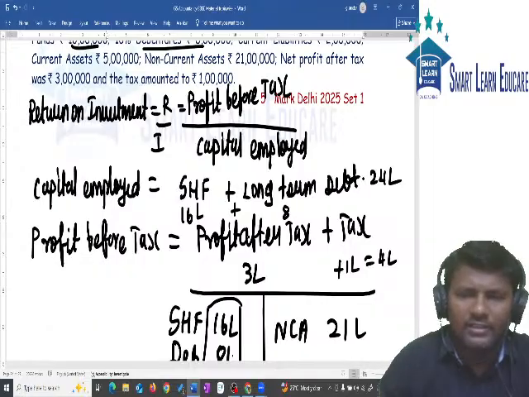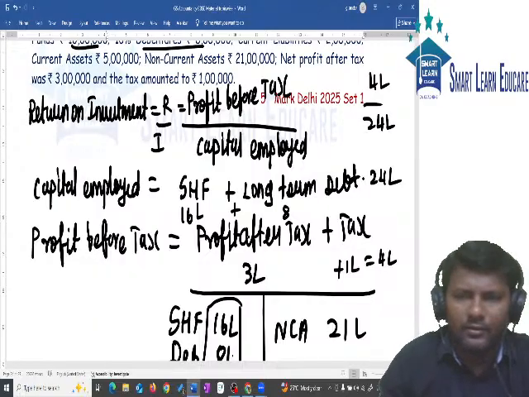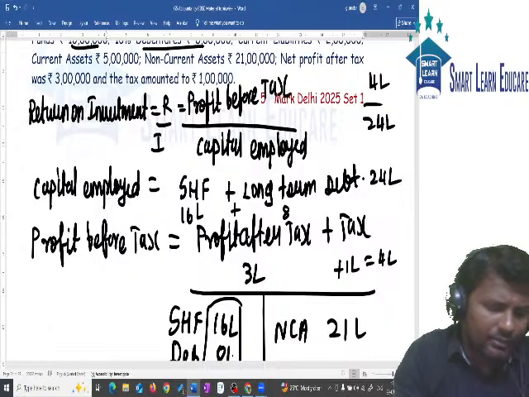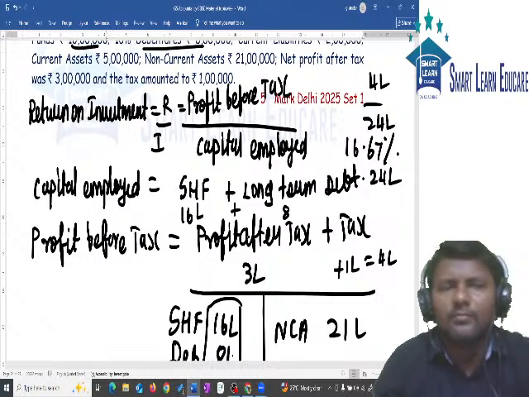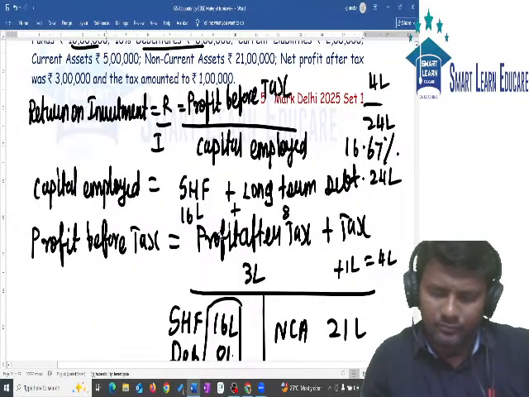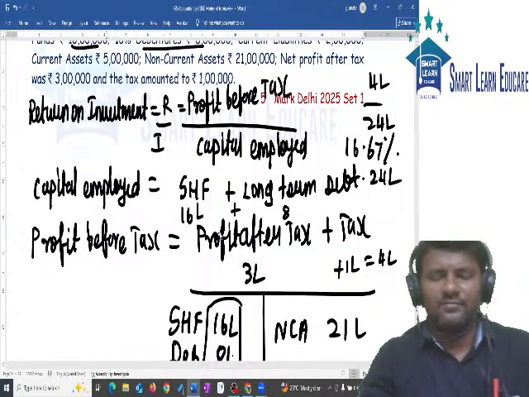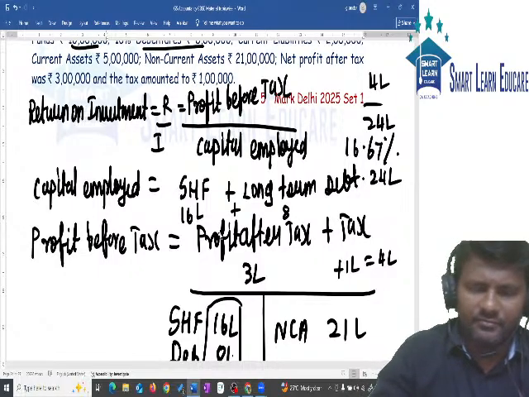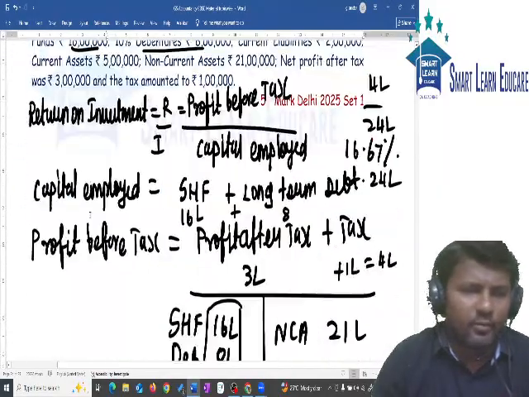Okay, so the answer for this question: profit before tax 4 lakh divided by 24 lakh, which is 16.67 percent. Yes, correct, that is the decimal, 16.67%. That's it. With this, we completed up to question number 208.